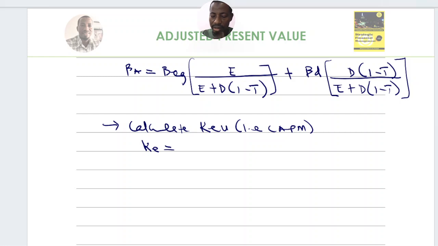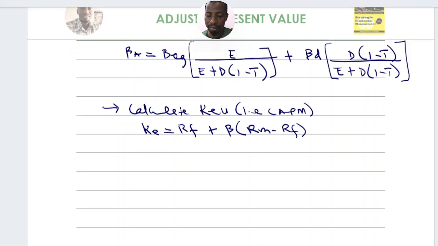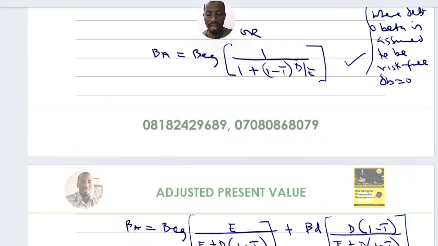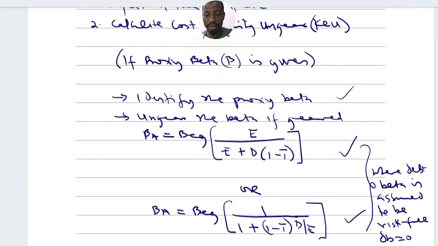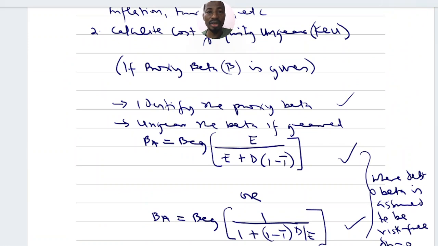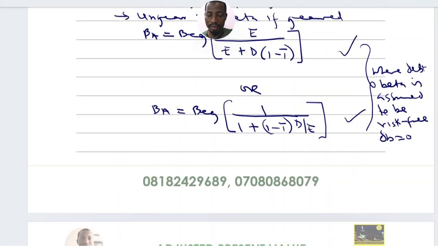Cost of equity equals the risk-free rate of return plus the beta in step 2 multiplied by market return minus risk-free rate of return. Okay, so these are the 3 steps that you are going to carry out whenever you want to compute the cost of equity ungeared.